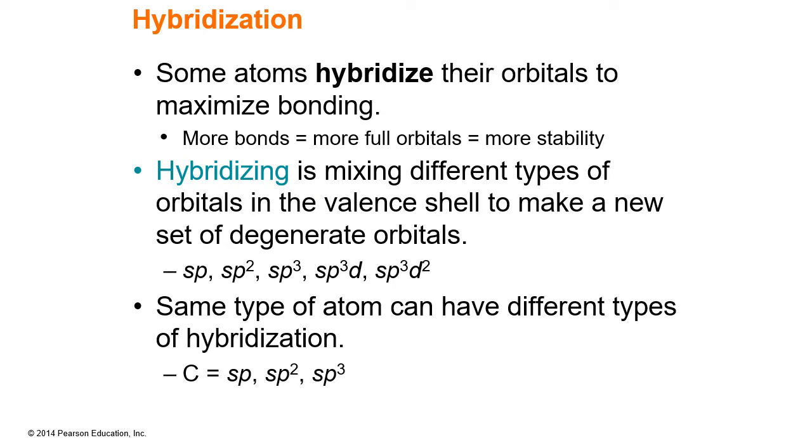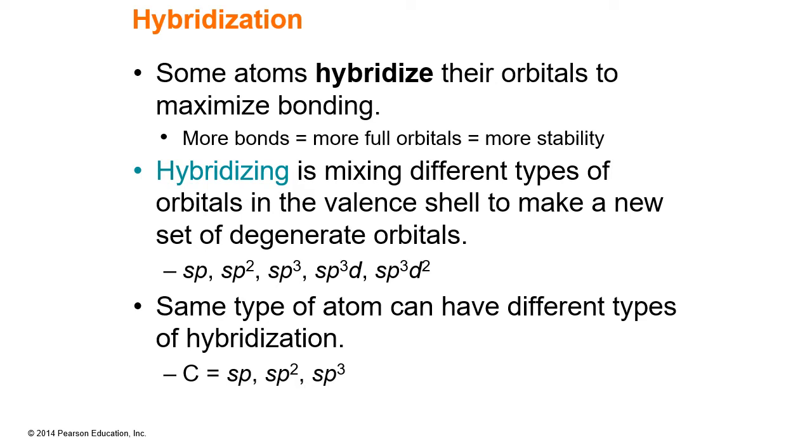The more bonds they make, the more full orbitals they have, the more stability there is for the atom or the molecule. And so what happens is we actually mix different types of orbitals in the valence shell to make a new set of orbitals.